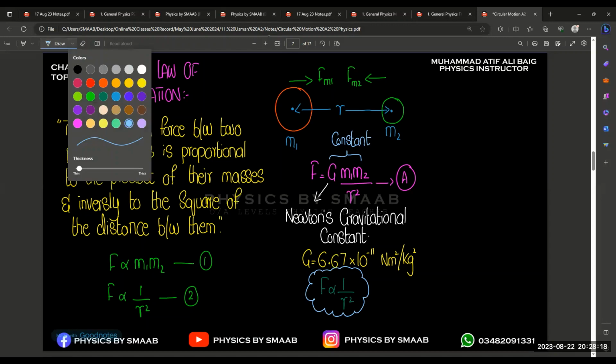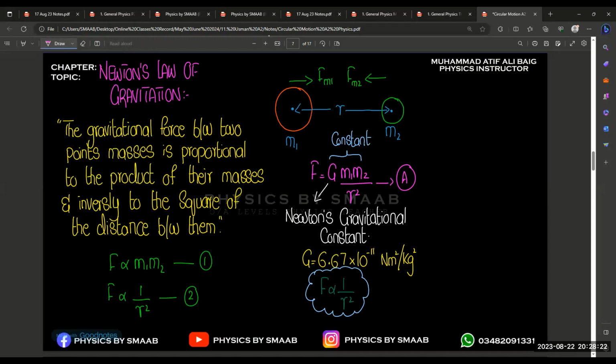So if they ask you to write the equation or to derive the equation for the inverse square law, you need to know how we are going to write it in the inverse square law method.